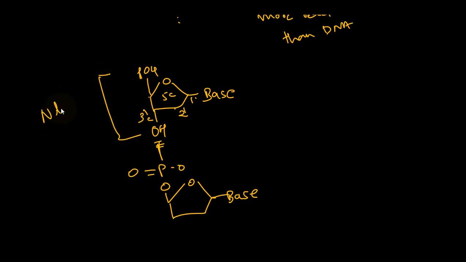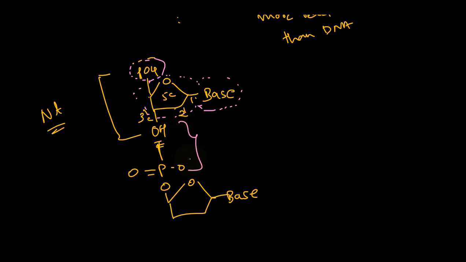This is the first nucleotide, and here is the 5th carbon of the one sugar. Here is the sugar and the base at the first carbon. Now at the 5 carbon and at the 3 carbon, there are different free groups, and 2 nucleotides join with this phosphodiester linkage.